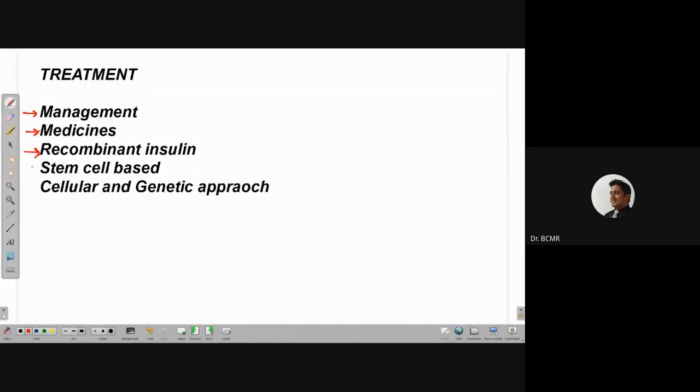Then we have recombinant insulin to supplement the body with extra insulin in case of type 1 diabetes. And there are stem cell based approaches, which we will only see very superficially. And then there are cellular and genetic approaches. This is the actual part of it. We'll also discuss a little bit about recombinant insulin while we learn this.